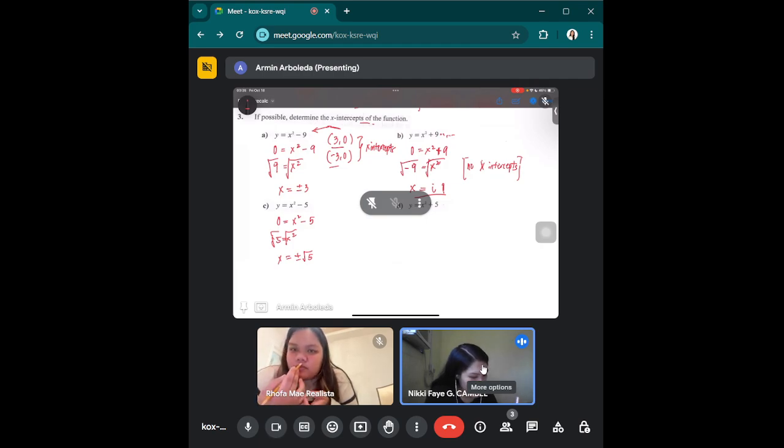Okay, so, the x-intercepts would be what? Positive square root of 5 and 0 is one point. So you have negative square root of 5 and then 0. So these two are your x-intercepts.